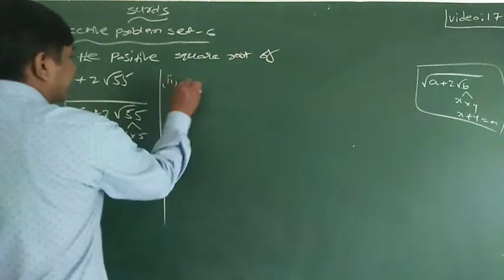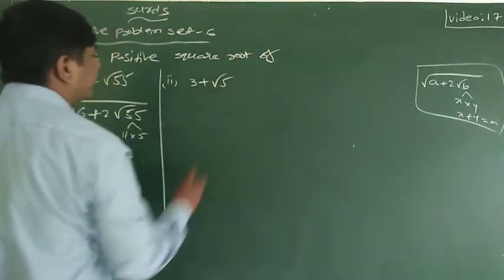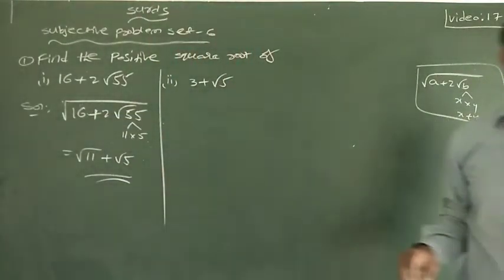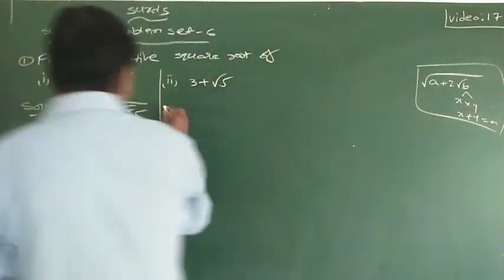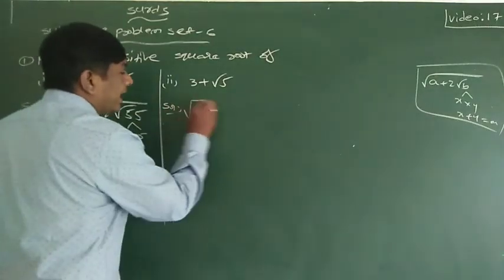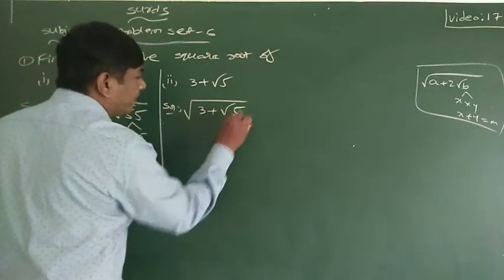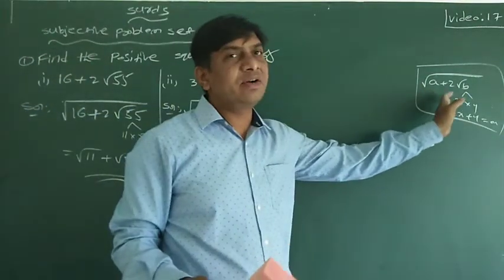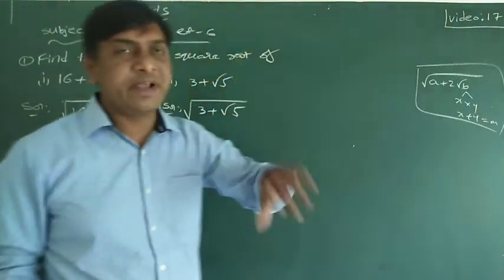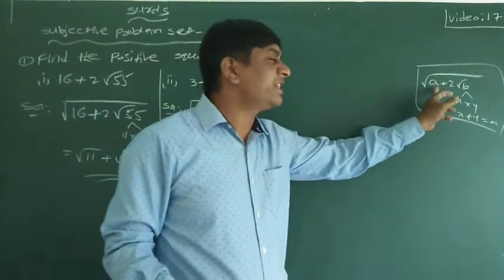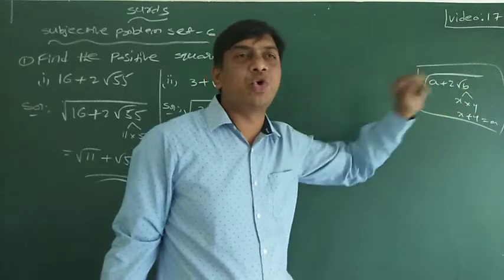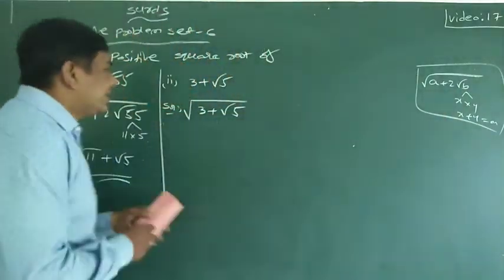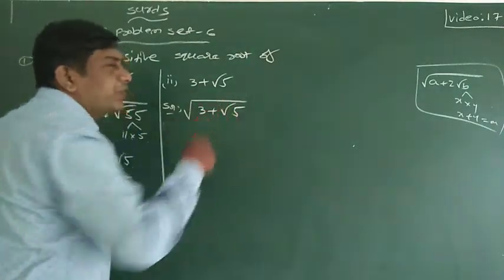Okay. Now the second question is: find the square root of 3 plus root 5. Listen carefully here. What is the procedure you learned to find the square root of a surd which is in the form of a plus 2 into root b? Is this one in the form a plus 2 into root b?